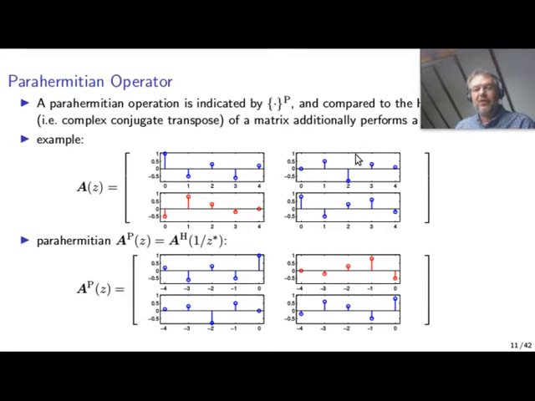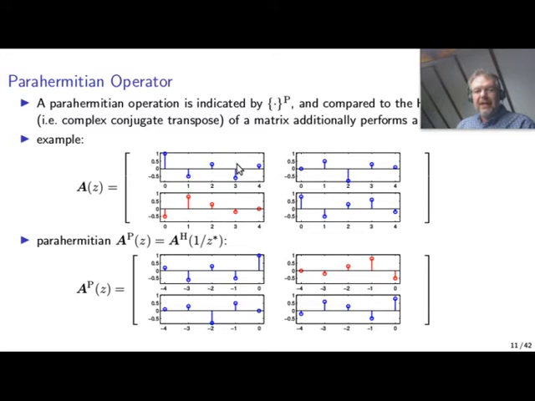There's something called a Parahermitian operator, which is an extension of the transposition or Hermitian transpose. In addition to the Hermitian transpose, which applies a transposition and complex conjugation, this Parahermitian operator, superscript p, additionally applies a time reversal.